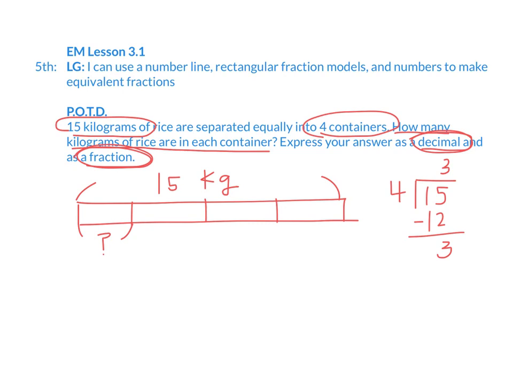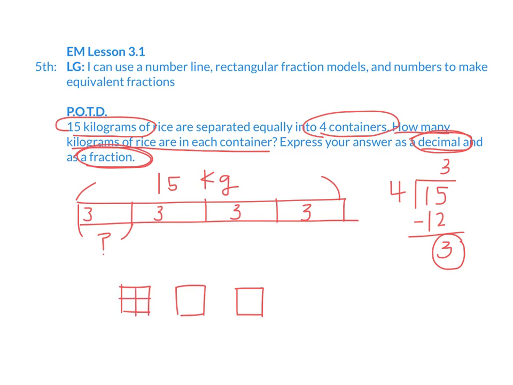So what you're telling me is that I have 3 kilograms left, right? If I were to divide it, I would have 3 kilograms of rice in here, 3 kilograms of rice here, 3 kilograms of rice here, and 3 kilograms of rice here. And all together in the end, I would have 3 kilograms of rice left, right? If I have 3 kilograms of rice left, here's 1 kilogram, 2 kilograms, and 3 kilograms. And I have to split it equally into 4 containers.